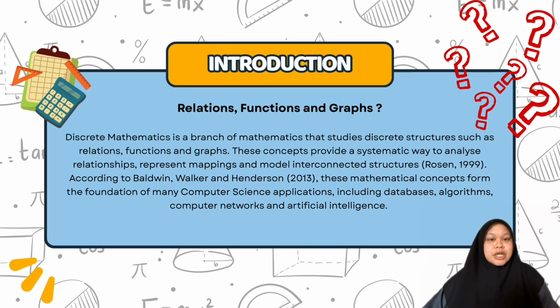In addition, Baldwin, Walker and Henderson 2013 state that relations, functions and graphs form the foundation of many computer science applications, including databases, algorithms, computer networks and artificial intelligence. In this presentation, I will explain the concepts of relations, functions and graphs, discuss their properties and show how they are applied in computer science.